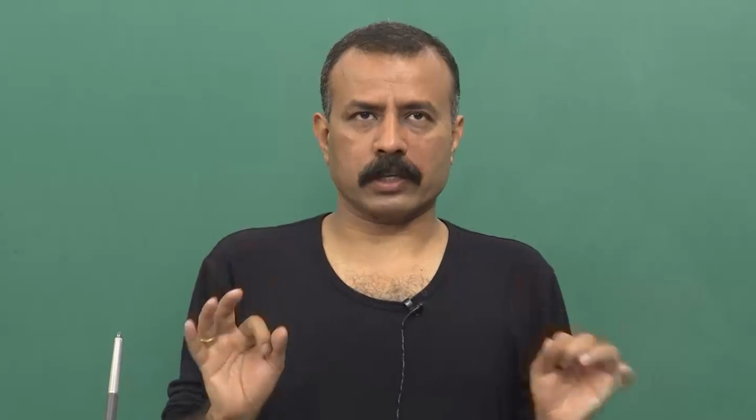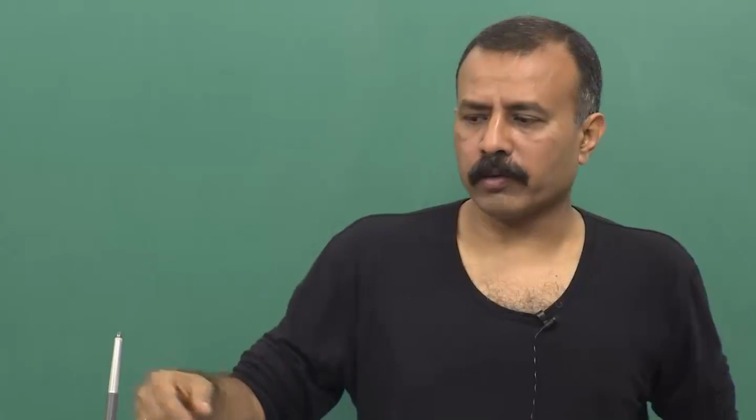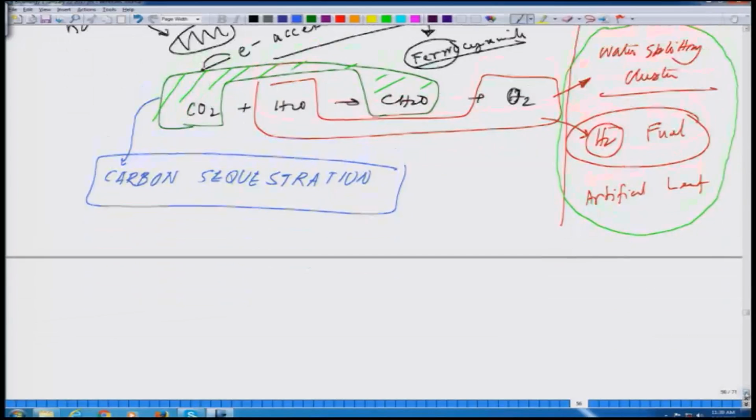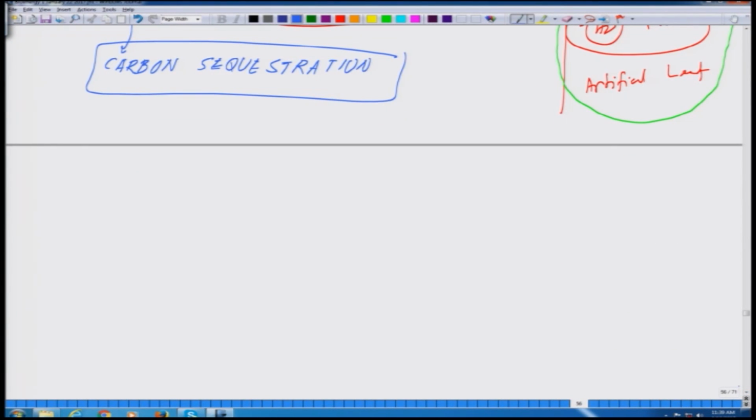understanding the biomass technology. Now, talking about the Hill reaction where we started, let us explore a little bit further. What are the other aspects which the Hill reaction talked about?